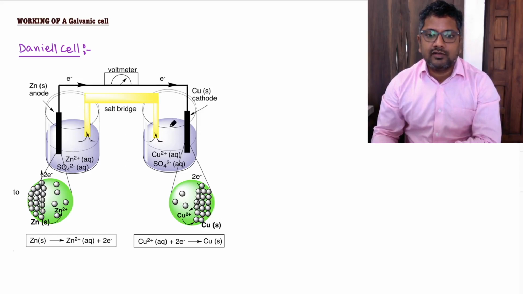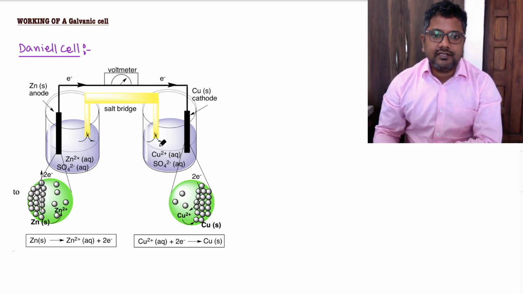This is a copper rod immersed in a copper sulfate solution. This is the mechanism I have already discussed in the half cell. This is the oxidation half cell, and this is the reduction half cell, right? And we have connected it externally, and this is the internal connection.